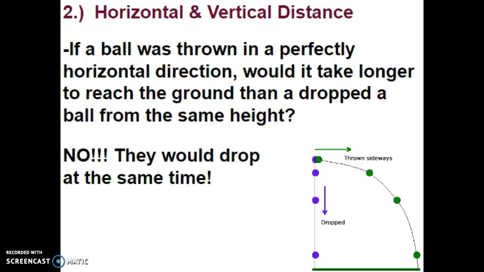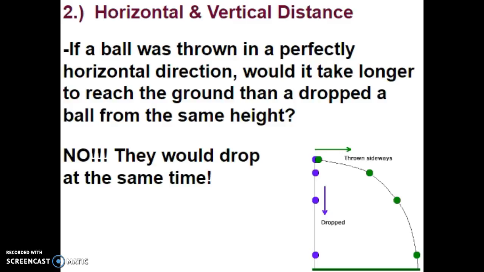There's an old physics experiment that asks: if you throw a ball in a perfectly horizontal direction, would it take longer to reach the ground than if you dropped a ball straight down from the same height? And the answer is they would drop at the same time. Most people think that if you throw a ball horizontally, it's going to take longer to reach the ground because it's traveling a longer distance.